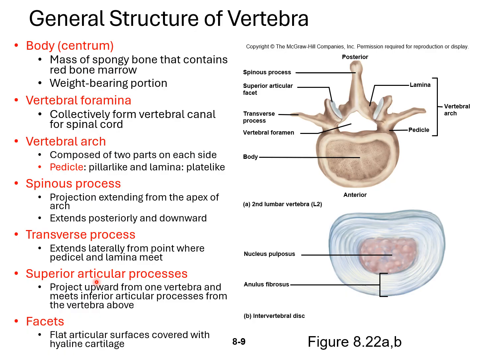If you're in your lab and you're starting to stack these together, you can see how they stack one on top of one another, and you can see how they have these processes, one on top, one on the bottom. And then finally, facets are flat articular surfaces that are covered with hyaline cartilage. You can't really see them on there, but these are going to be those little facets. The hyaline cartilage is going to cushion bone to bone.